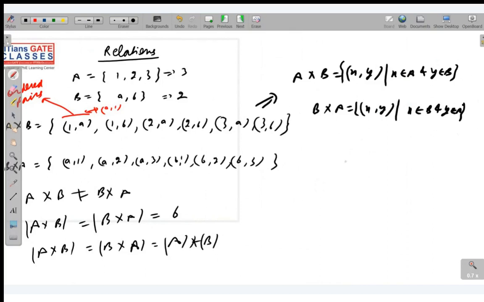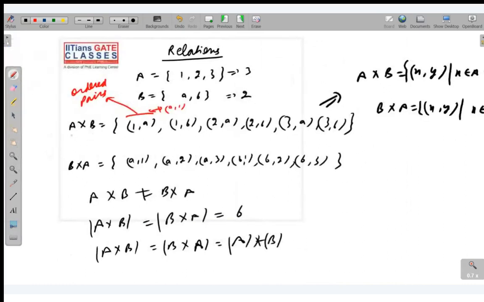And what we have written, A cross B or B cross A, these are known as universal relations.